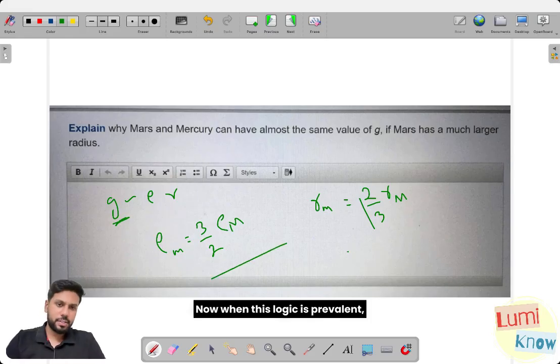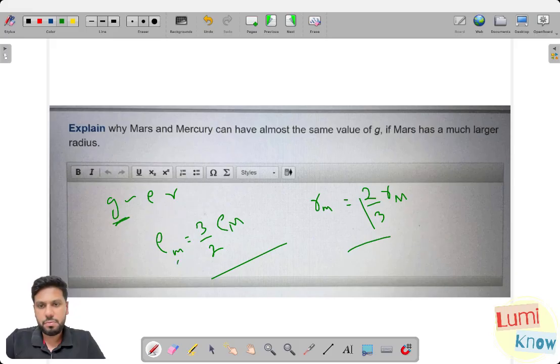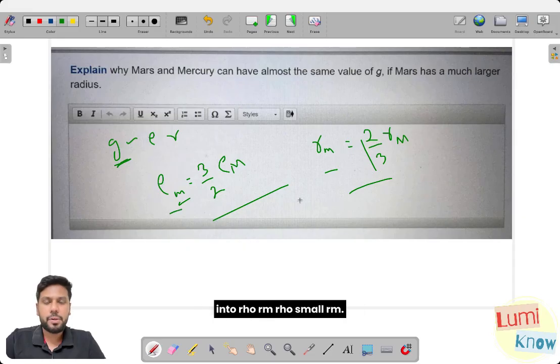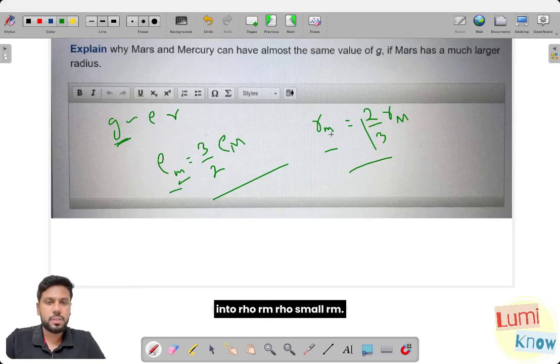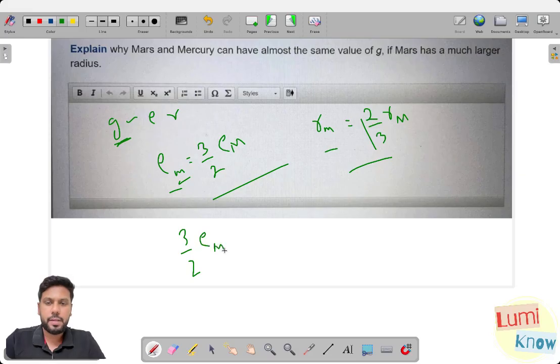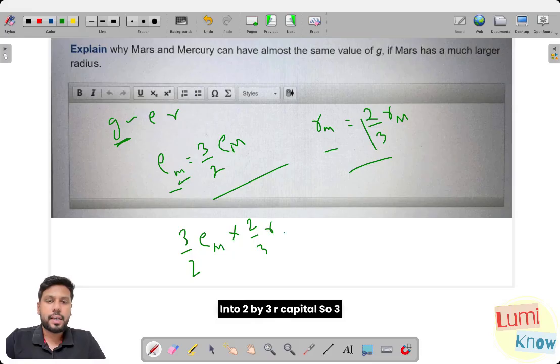Now, when this logic is prevalent, when you multiply these both, you are going to get equal. You see, rho small m into rho rm. Okay, so what you are going to get? So 3/2 rho of capital M into 2/3 r capital M. So 3/2, 2/3 gets cancelled.